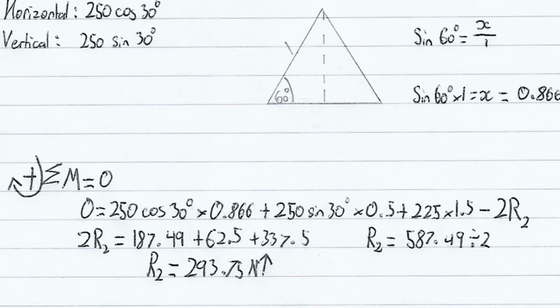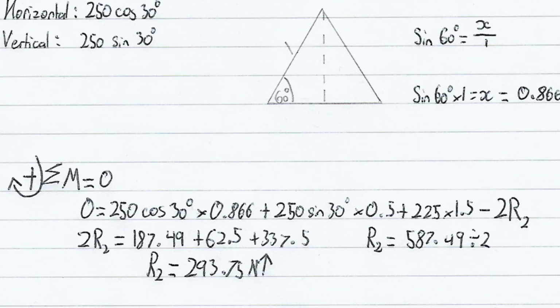Since the sum of moments is equal to 0, we can rearrange the equation to get the resultant at reaction number 2. In this case, the resultant is 293.75 newtons vertically.